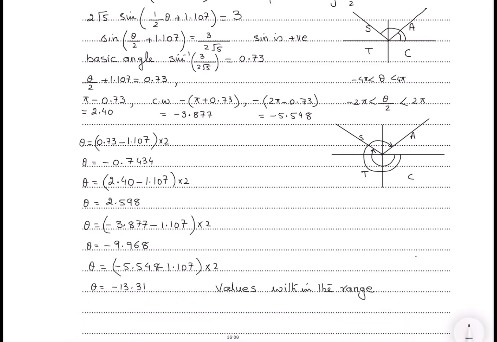So values within the range are minus 0.74, minus 9.97, 2.59 or 2.6 to 2 decimal places.